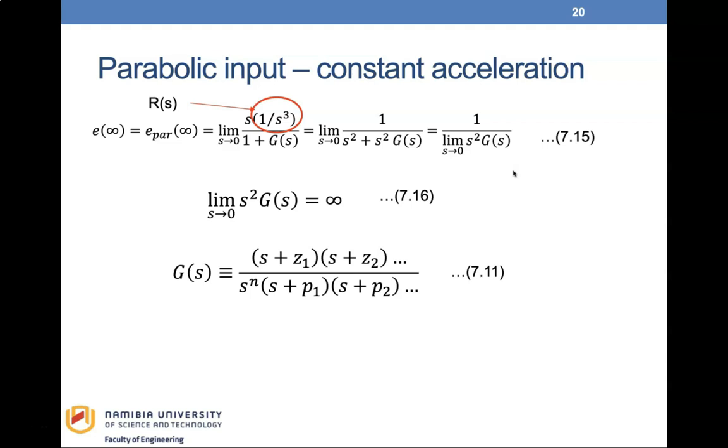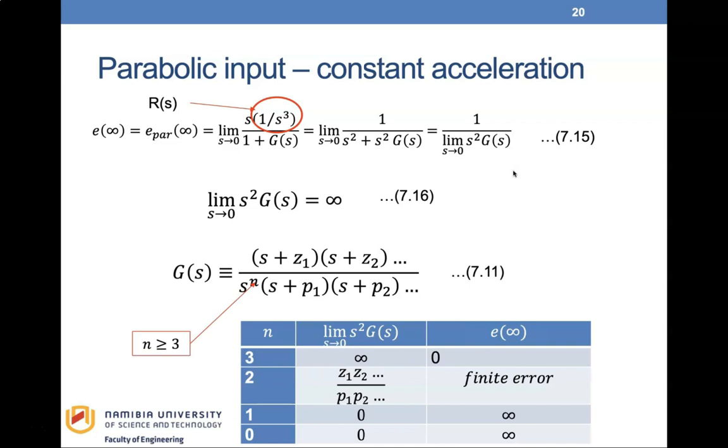To satisfy equation 7.11, n must be greater than or equal to 3. This means that there should be at least 3 integrators in the forward path. If we have 2 integrators, there will be a finite steady state error. If there is only 1 or fewer integrators in the forward path, then our limit as s tends to 0 will be 0, and the steady state error will be infinite.